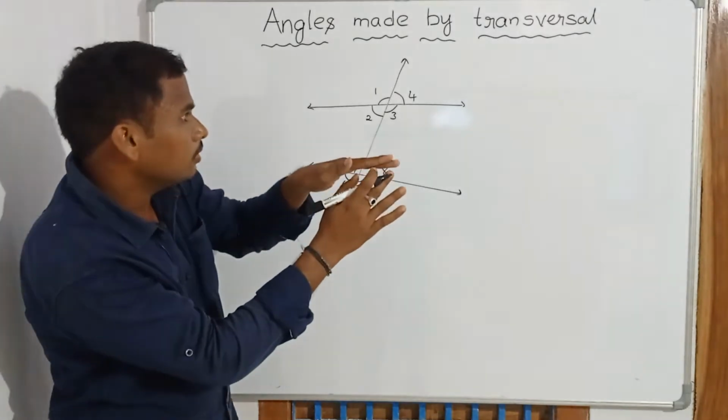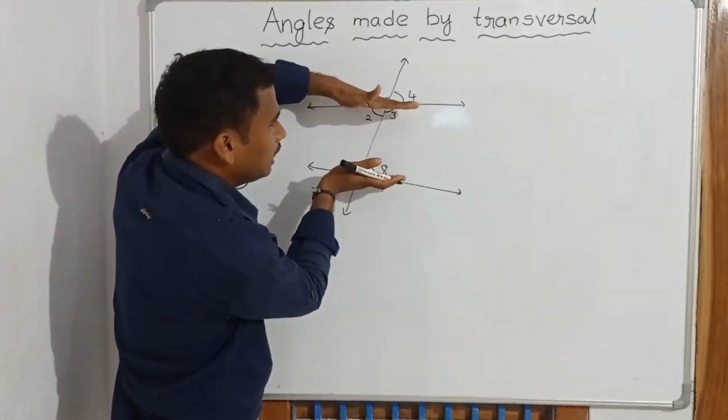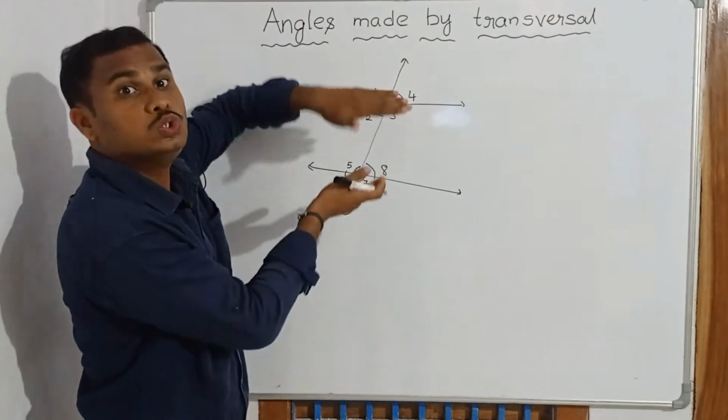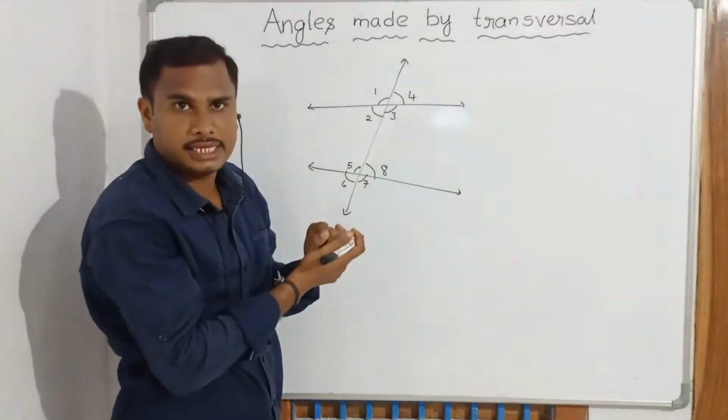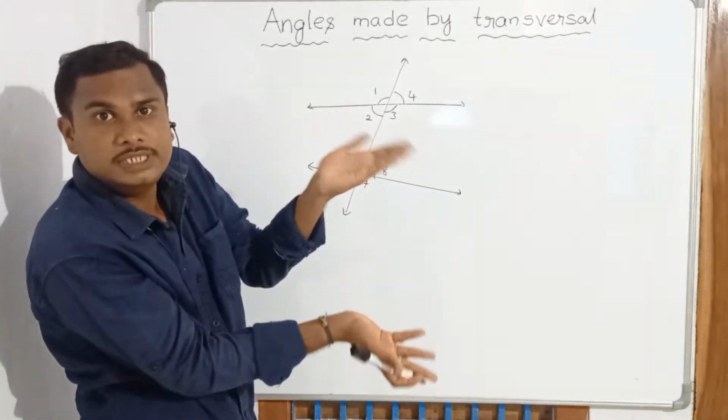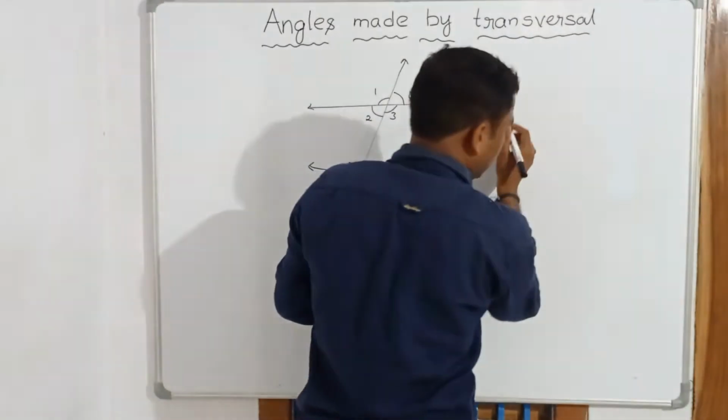Exterior angles means that angles are exterior, outside of the two lines. Inside of the two lines means interior angles. Outside of the two lines means exterior angles. Okay.